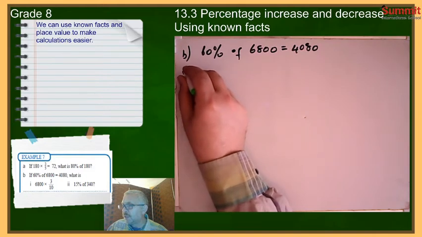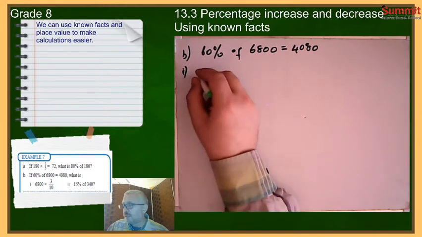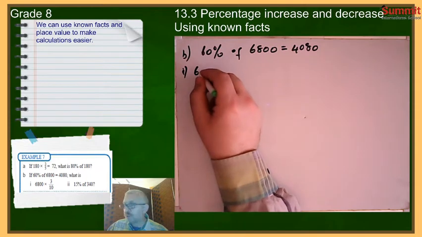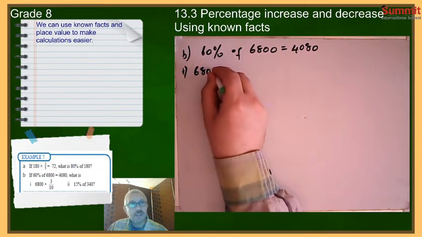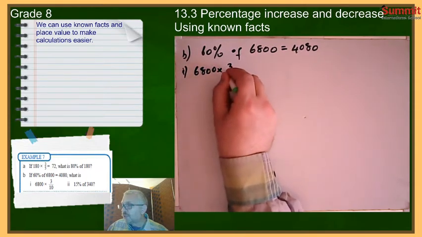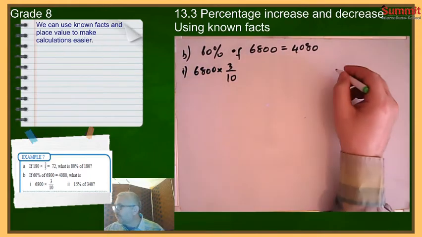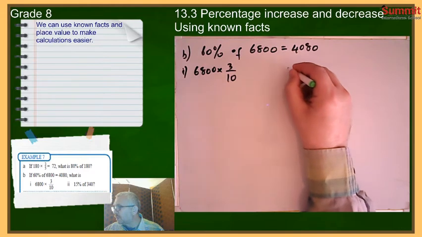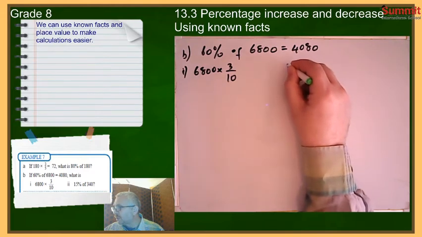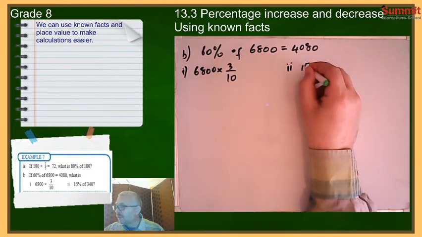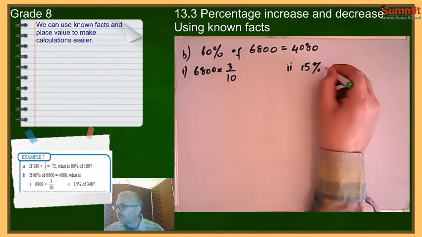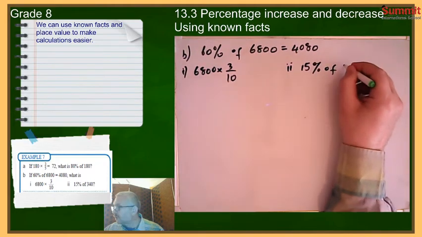First one, what is 30% of this amount? And the other one is, what is 15% of 340?